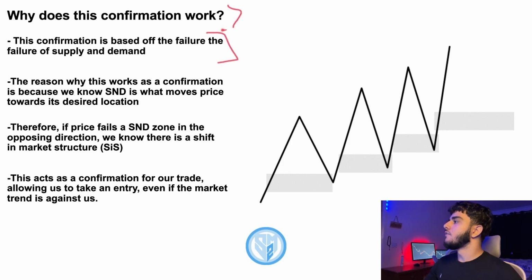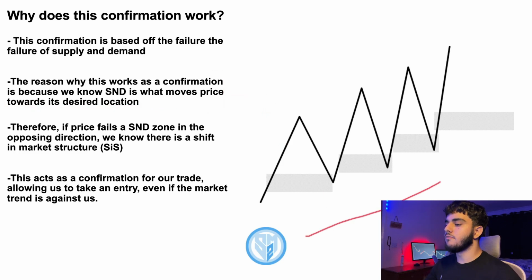So, first things first, you need to understand this confirmation is based off of the failure of supply and demand. And the reason why this works as a confirmation is because we know supply and demand is what moves price towards its desired location, right? So let's understand this better on this diagram.